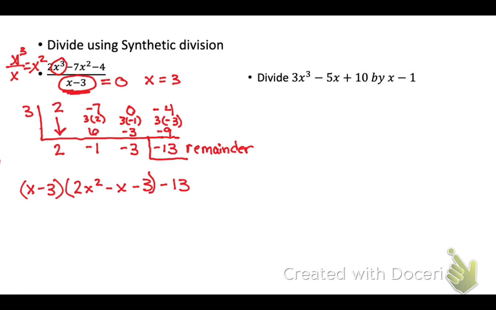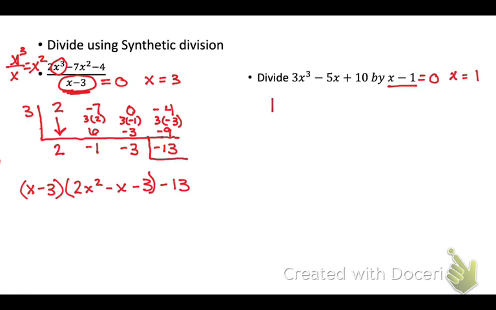Okay, so I have 3x cubed minus 5x plus 10 divided by x minus 1. Again, I could do long division, but do I have to? No, because this is a first degree binomial, I can use synthetic division. So I set this equal to what? 0, and I get x equals 1.